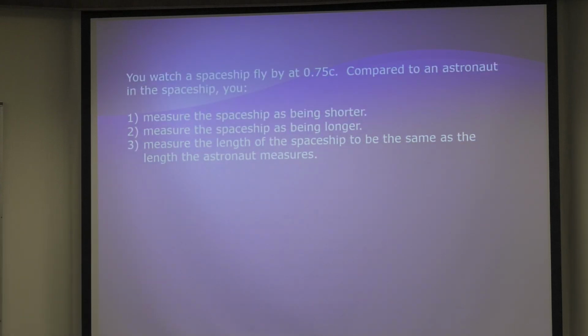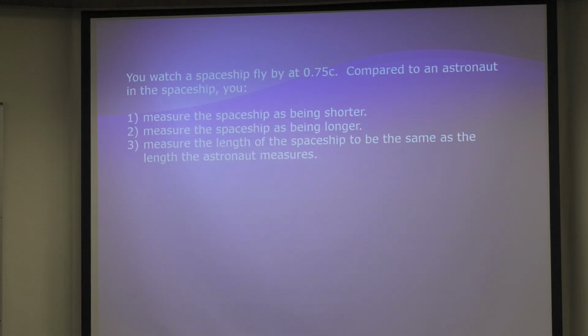Okay, here we go. So you watch a spaceship fly by at 0.75 c. Compared to an astronaut in a spaceship, okay, so students, pause your video and figure this out. All right, we're back, so let's do it. So you watch a spaceship fly by at nearly the speed of light.